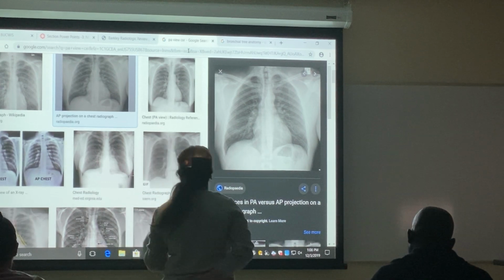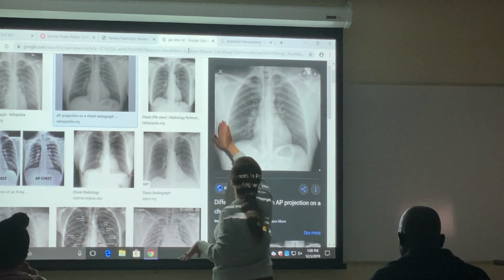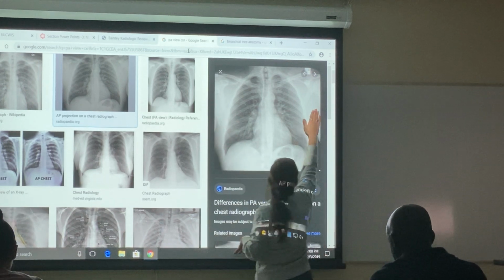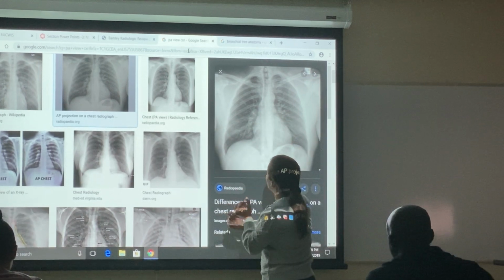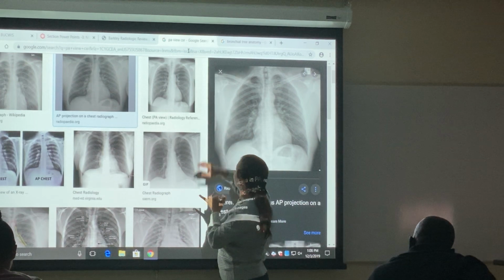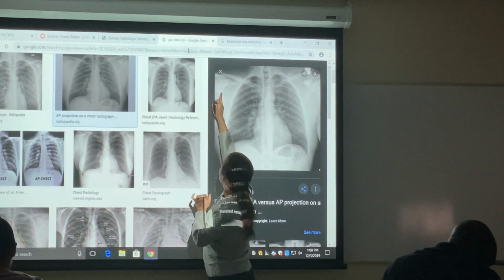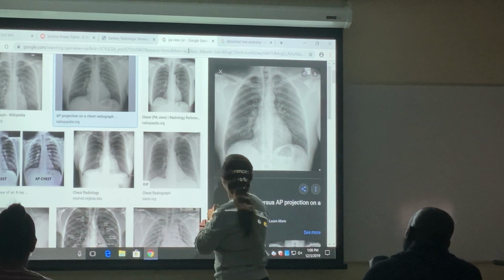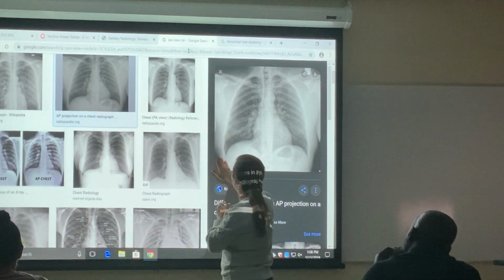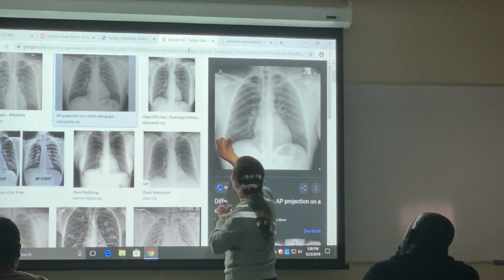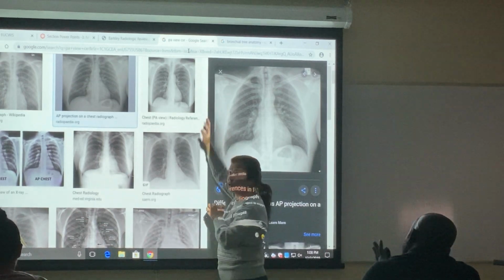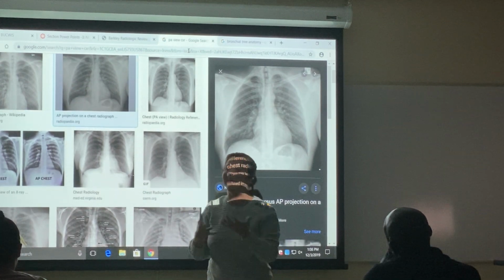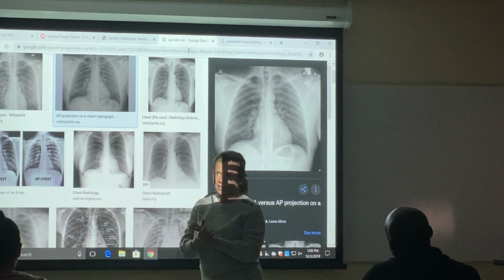Okay? Then you look at the tissue itself. You have the clavicle that you can analyze to see if there is a fracture. You have also the head of the humerus and the glenoid process of the scapula. And you also have soft tissue where you can see if there are black spots, indicating also air, subcutaneous emphysema.